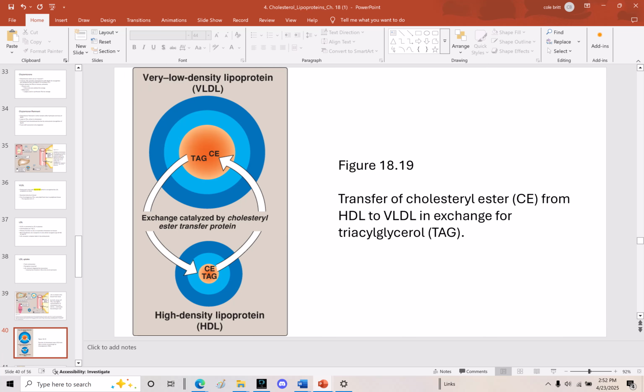Once the triglycerides are dropped off, you end up with mostly cholesterol. High density lipoproteins will actually even give the VLDL cholesterol. So HDL will give VLDL cholesterol too, changing the VLDL in a faster way to LDL.